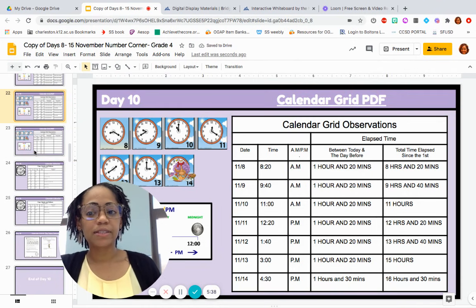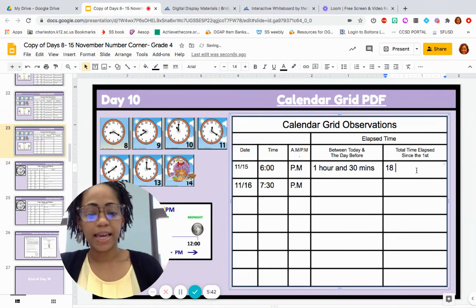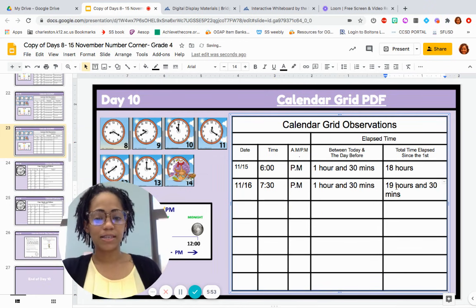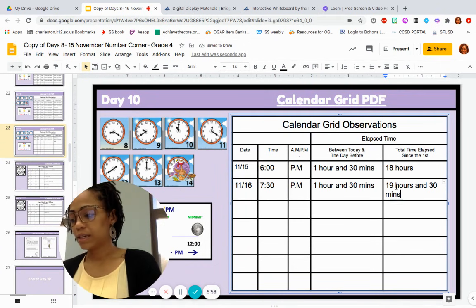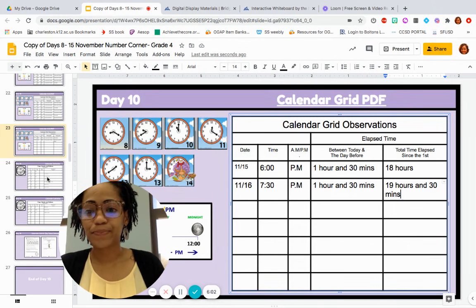From 16 hours and 30 minutes? Right, so now we have 18 hours, and then we have another 1 hour and 30 minutes. And that should give us 19 hours and 30 minutes. Awesome. Good job. Now, let's look at our calendar collector.